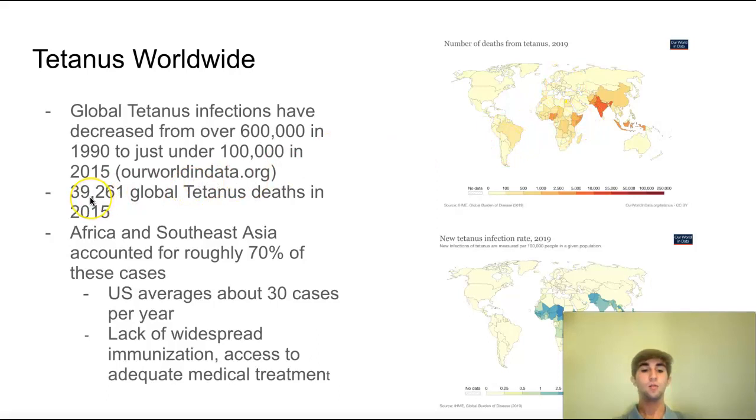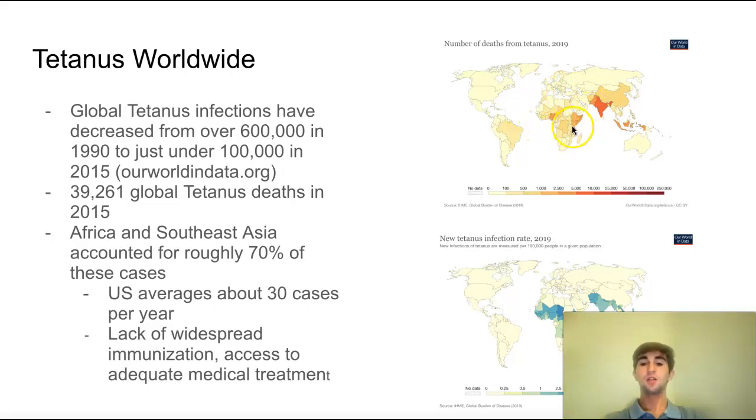There were just under 40,000 global tetanus deaths just in 2015, and typically we're going to see most of those infections occur in the Southeast Asia region and then also that sub-Saharan African region. These areas are at risk because they suffer from lack of widespread immunization.